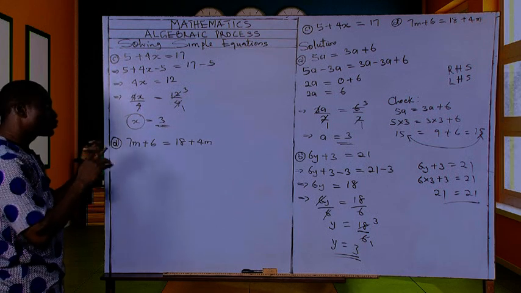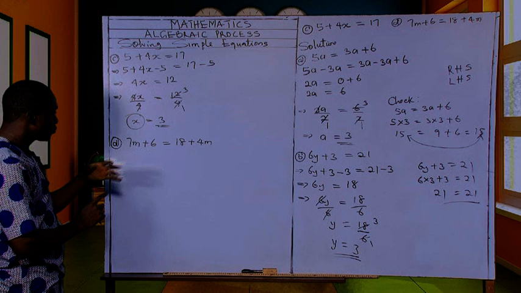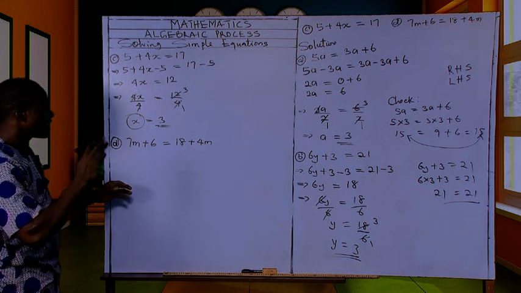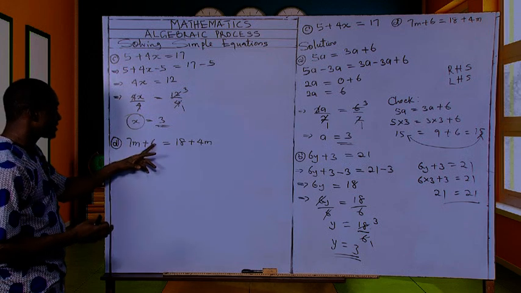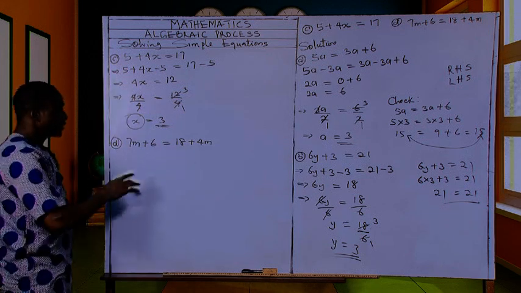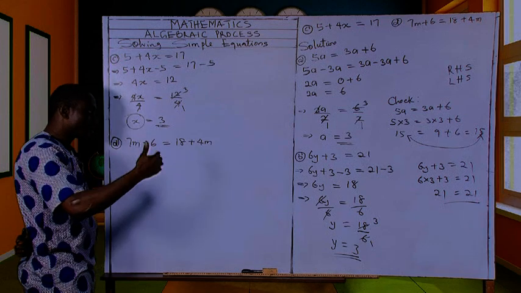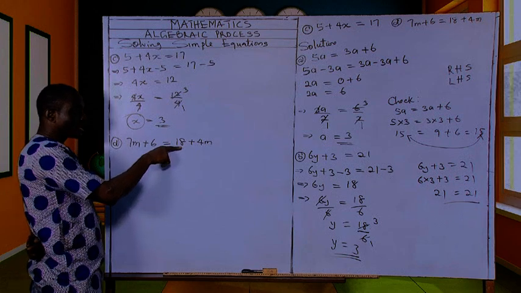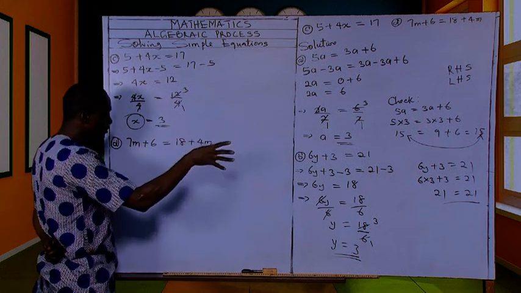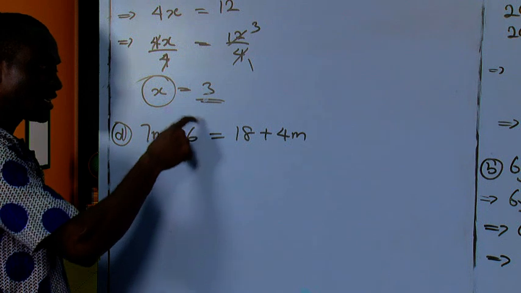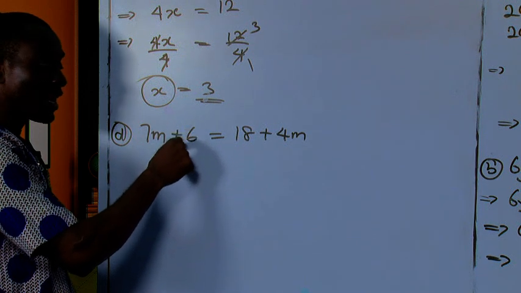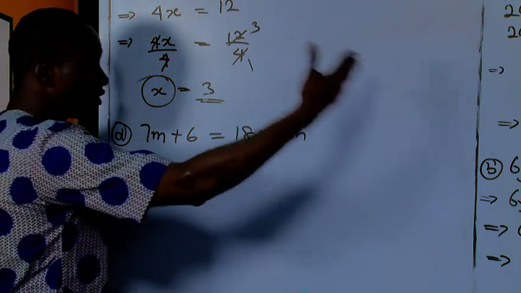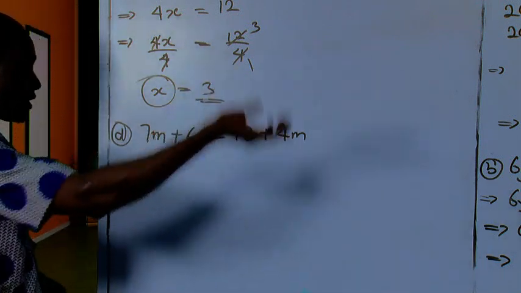We have 2 non-absolute terms, which are 7m and 4m, and 2 absolute terms, which are 6 and 18. Don't forget that absolute terms must be on the right hand side. So 18 is already in its position, while 6, which is also an absolute term, is in the wrong position. It's supposed to be on the right hand side. So let's take it there.